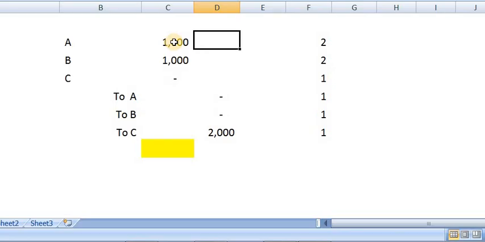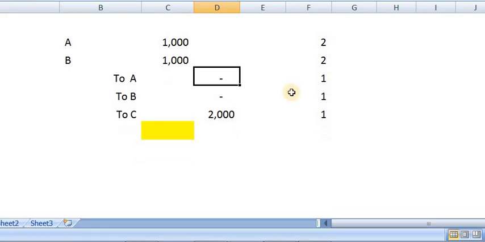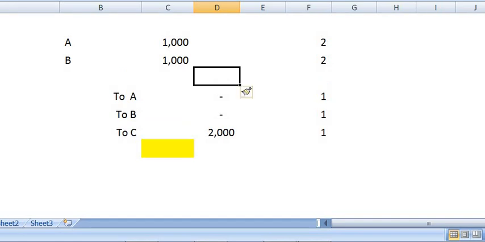So the journal entry is A debtor, B debtor, to C. We need not write anything else.